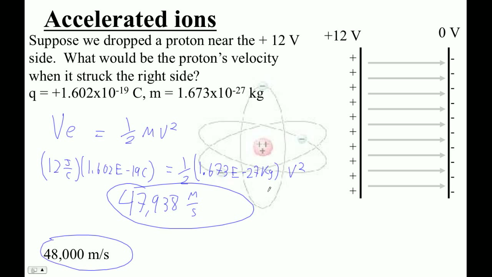Now, I just want to raise a red flag here. 12 volts is not very many volts, okay? What if we accelerated through, I don't know, 500,000 volts? Well, if we did that, we could actually calculate a velocity faster than the speed of light, or 1,000,000 volts. Let's make it 1,000,000 volts, right? We could get a velocity faster than the speed of light. Well, the speed of light is 3.00 times 10 to the 8th meters per second.